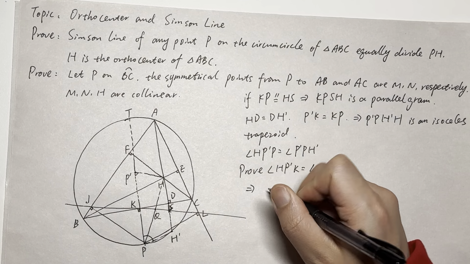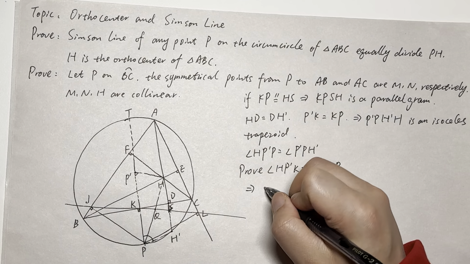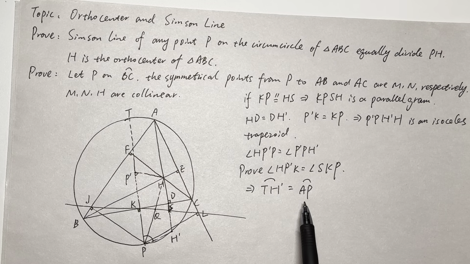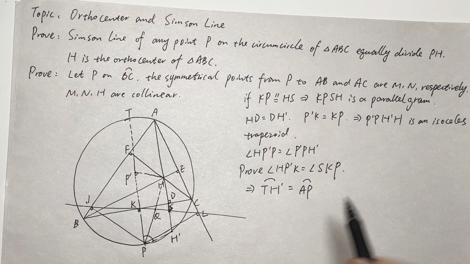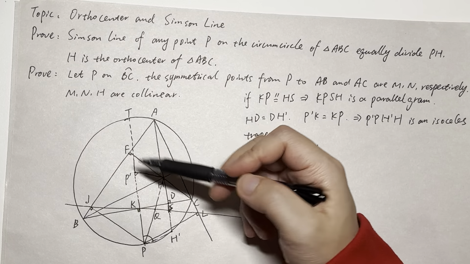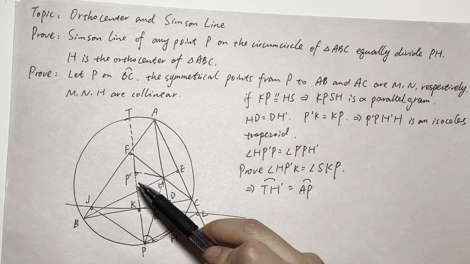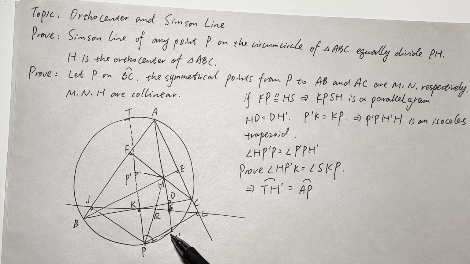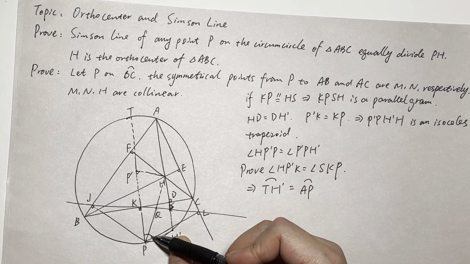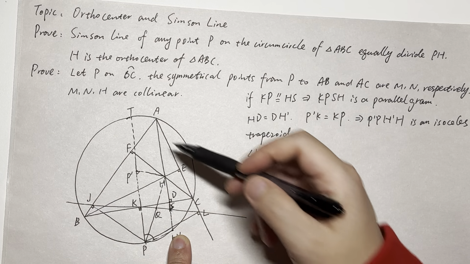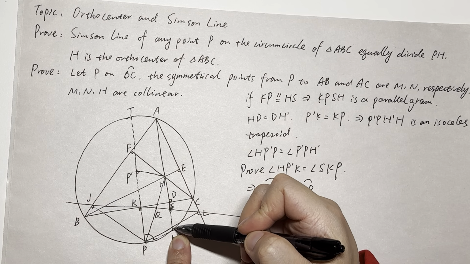So we know that the arc TH prime equals arc AP. That means the circular angles referenced to these two arcs are equal, right? And we know that the angle P prime PH prime is referenced to the arc TH, right?